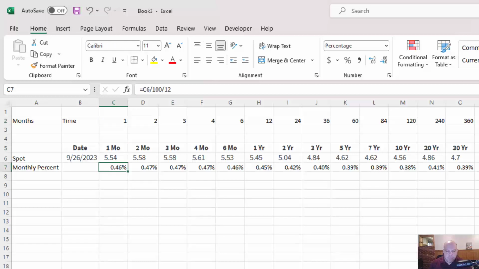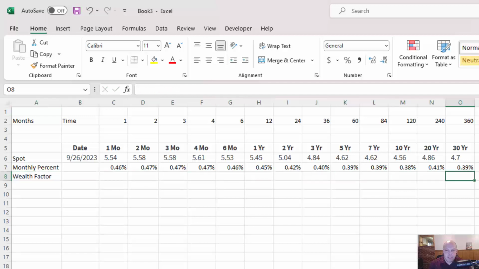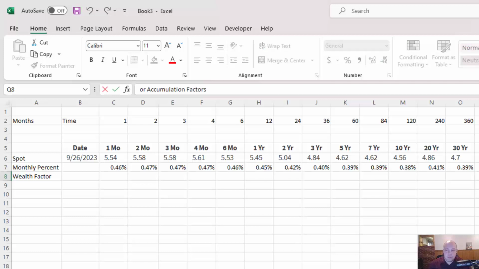Before we calculate the forward rate, we're going to accumulate the spot rates on a monthly basis up to the time of termination. And these are called the wealth factors sometimes. Or sometimes they're called the accumulation factors, or I've seen them called like accumulated interest.